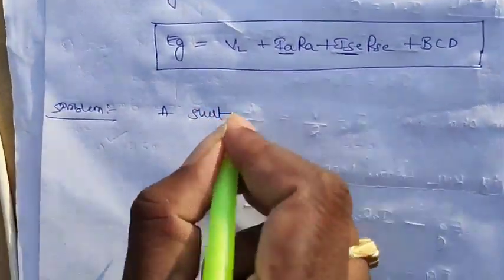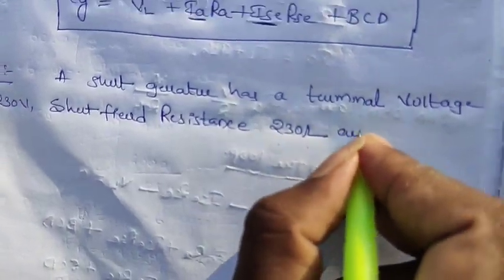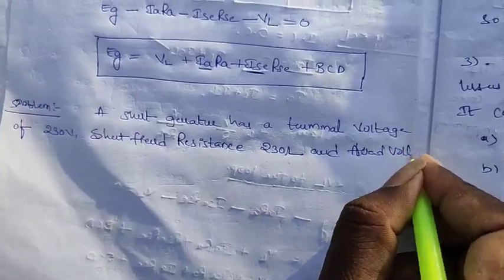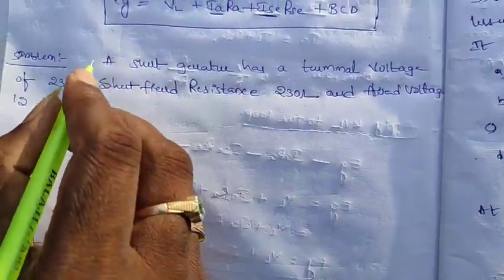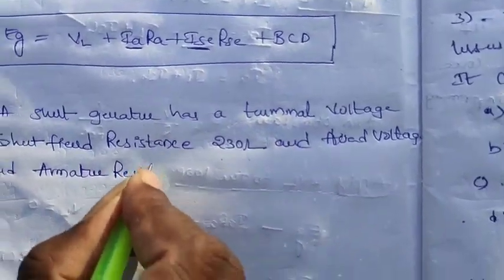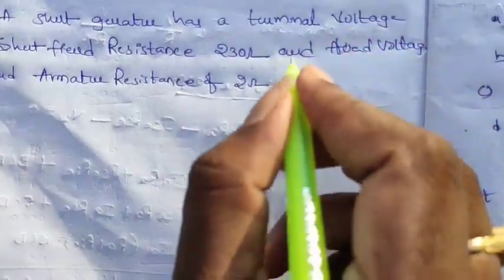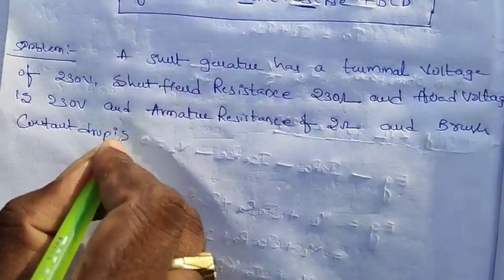A shunt generator has a terminal voltage of 230 volts, shunt field resistance 230 ohms, and load voltage is 230 volts, armature resistance of 2 ohms, and brush contact drop is 2 volts.